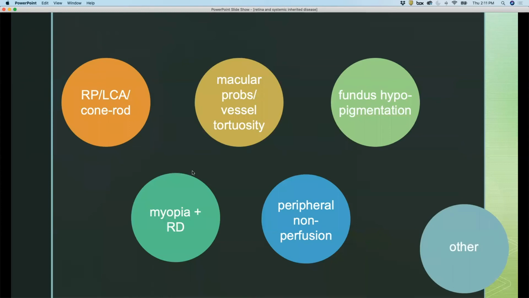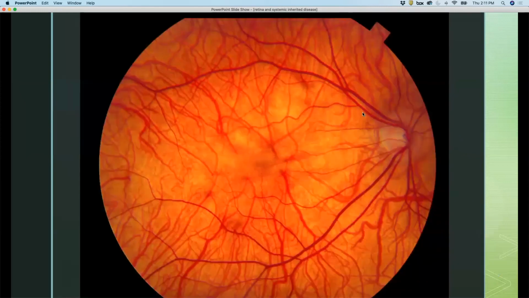So on to some other phenotypes. We're going to cover next fundus hypopigmentation. So what do you think this person has? I mean, they have a very blonde fundus. Is it choroideremia?